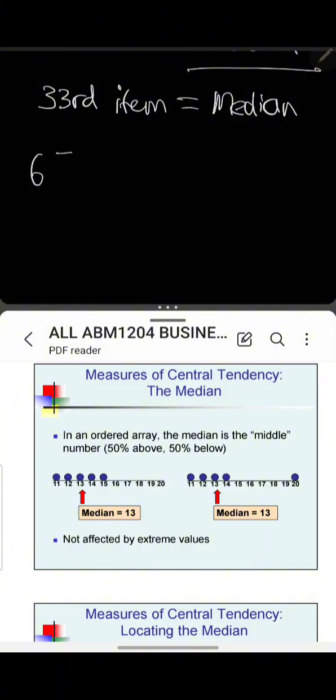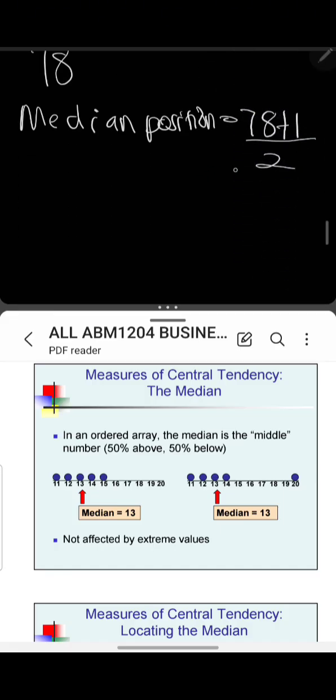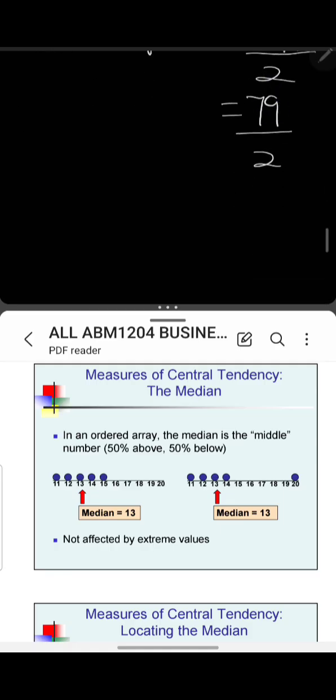Now we have a scenario where we are given an even number. Let's say we are given 78 items. Our median position shall be 78 plus 1 divided by 2, which is 79 divided by 2, which is 39.5.